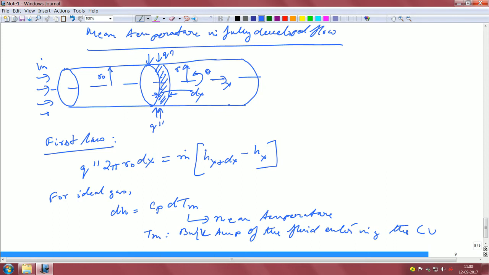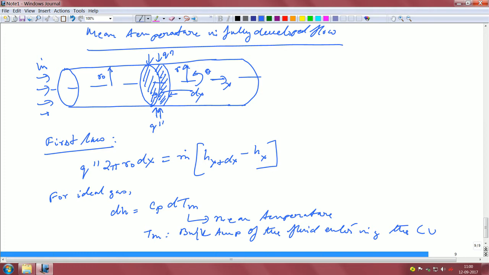This is a control volume. So, the bulk temperature of the fluid that is entering into the control volume is given by Tm. Okay. So, whatever may be the temperature distribution of the fluid does not matter, it is the average temperature at that particular section.